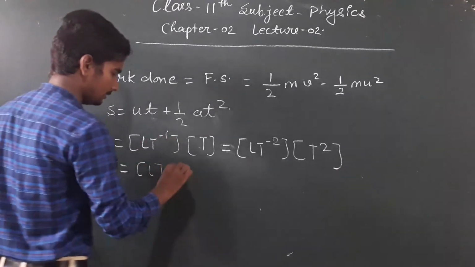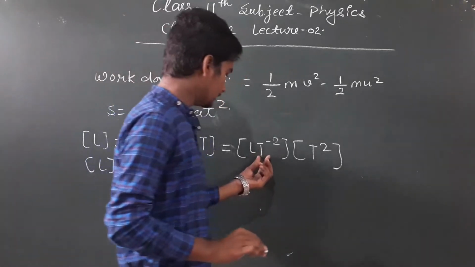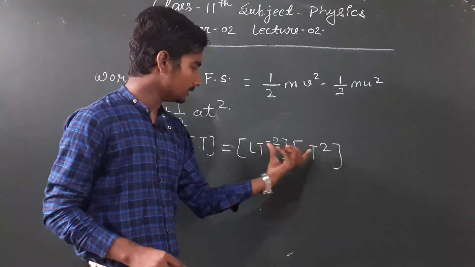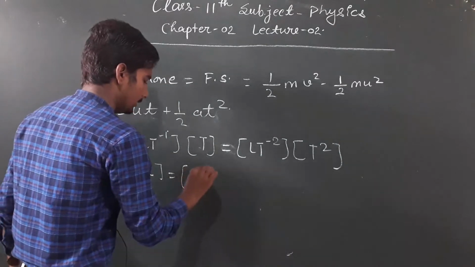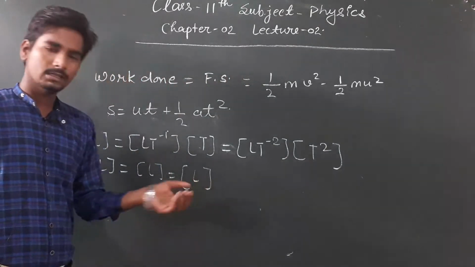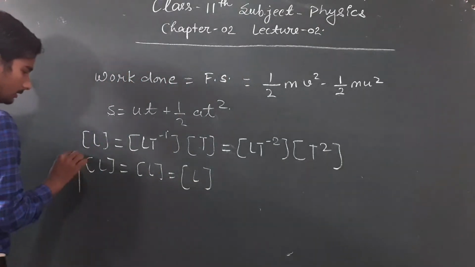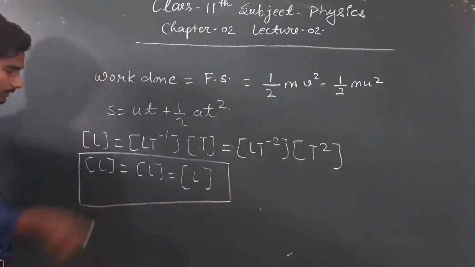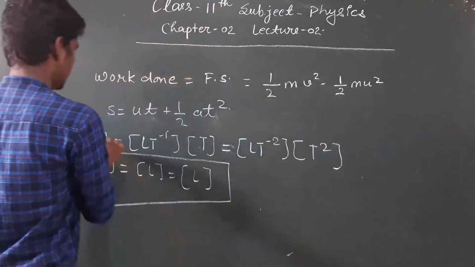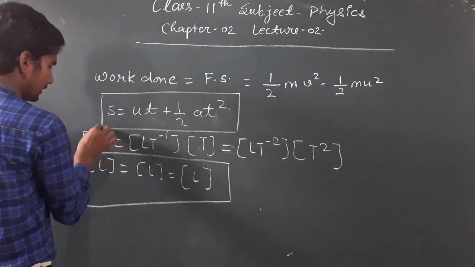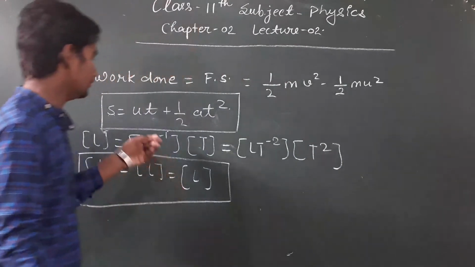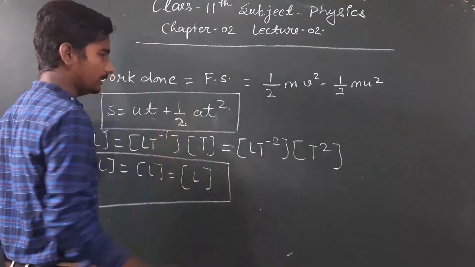So we are left with L. And here the power of t is minus 2, and here the power of t is plus 2, and if we join both of them, then we get L and t to the power 0, which is equal to 1, and writing the 1 in a dimensional equation doesn't mean anything. So we can see that all the sides have the same dimensional formula. What does it mean? That this equation, S equals ut plus half at square, the second equation of motion derived from Newton, is dimensionally correct.